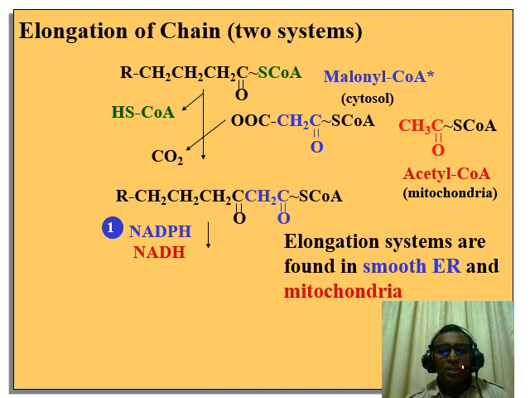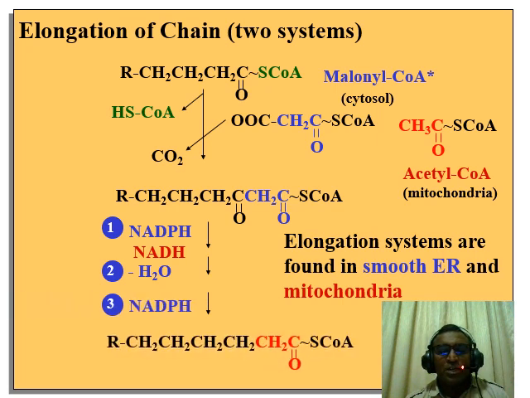In the smooth endoplasmic reticulum, the reduction is done by NADPH, while in the mitochondria reduction is done by NADH. But the further steps are similar both in the mitochondria as well as the smooth endoplasmic reticulum. Therefore, you will now have the stearyl-CoA by both of these systems.